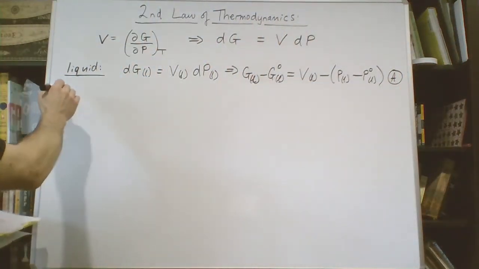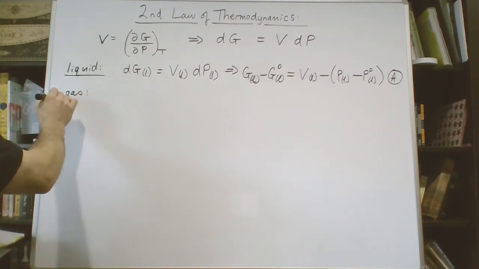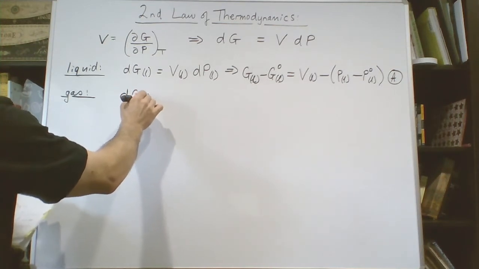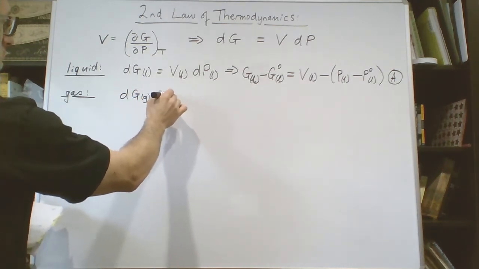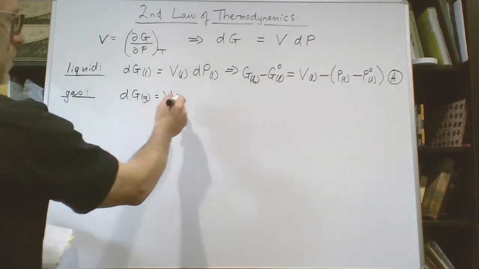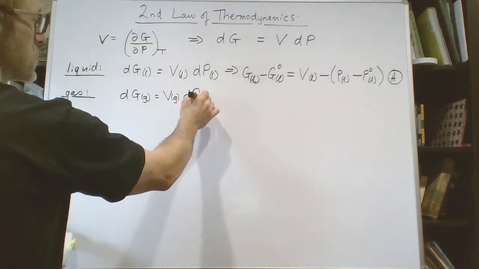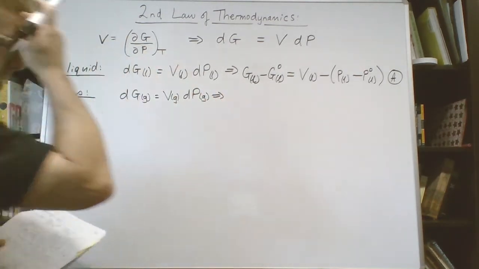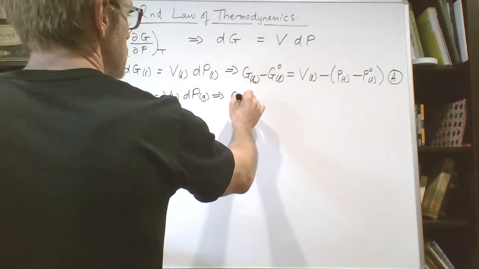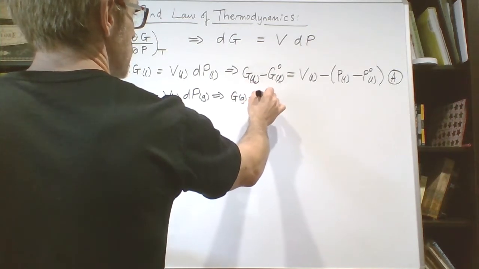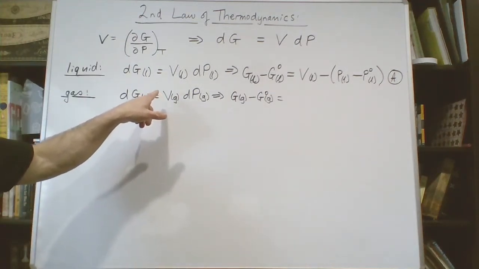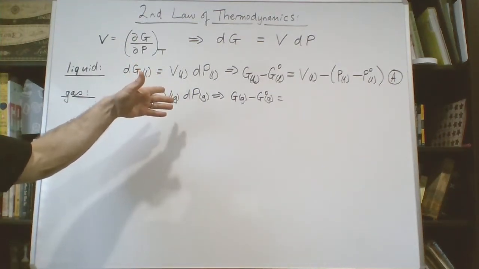And we're going to do the same for a gas. So again, we're just going to use this equation. The change in Gibbs free energy of the gas phase is the volume of the gas by the pressure change of the gas. So we've got the Gibbs free energy in the gas phase minus its standard value in the gas phase is equal to the volume in the gas phase.